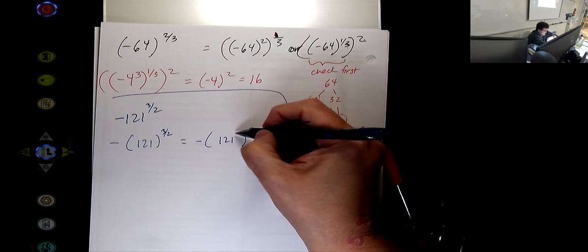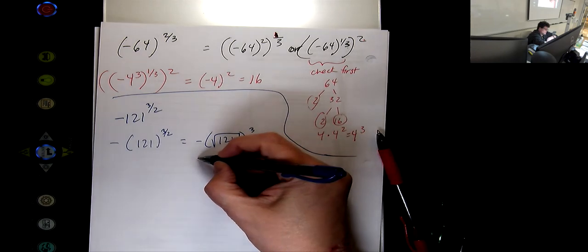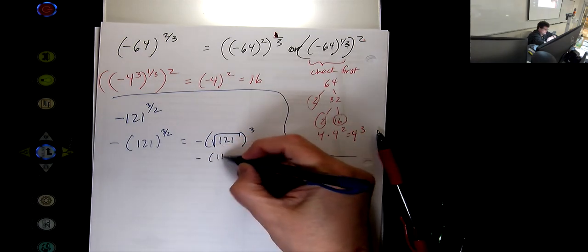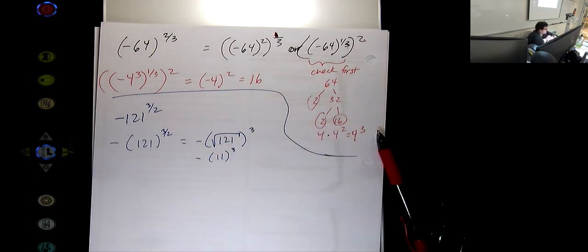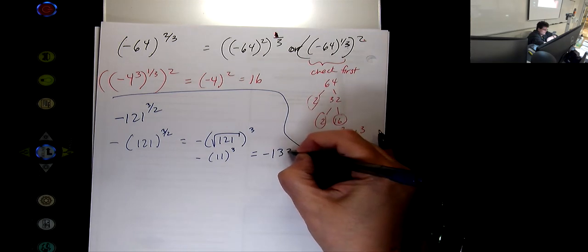And I'll have 1/2 on the inside, or 1/2 of the square root. And square root of 121 is 11. And that should give you negative 1,331.